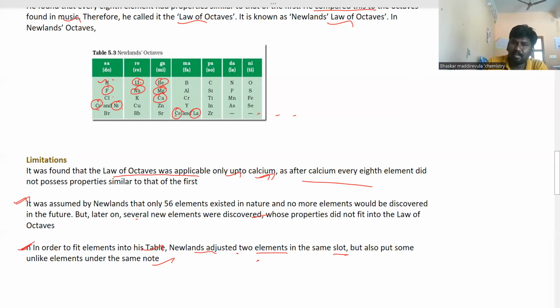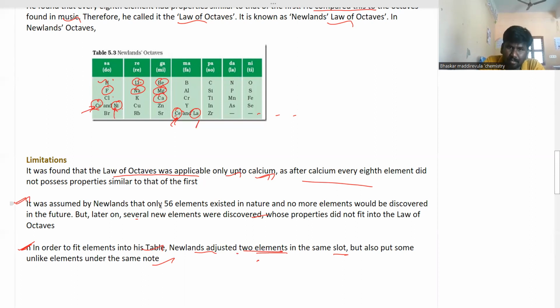In order to fit the elements in his table, Newlands adjusted 2 elements in the same slot, but he put them with other unlike elements.